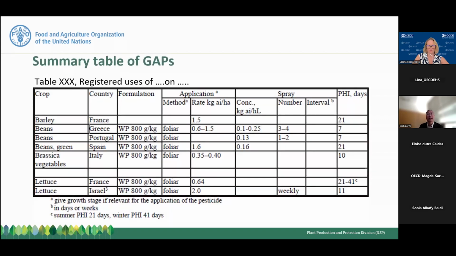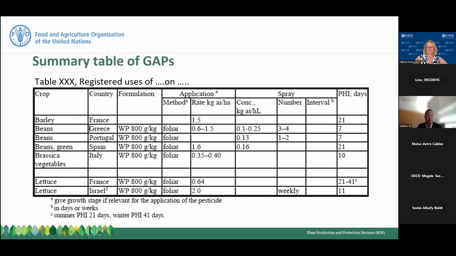And here is an example of how to present the information on the GAP. For the use of pesticides on which crops, we have the crop and the country, which means the pesticide is registered for use in this country and the label is available from this country, along with the formulation registered. The most important is the application information.